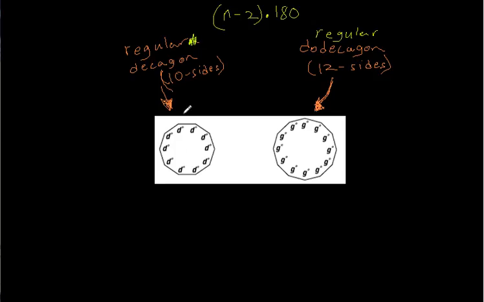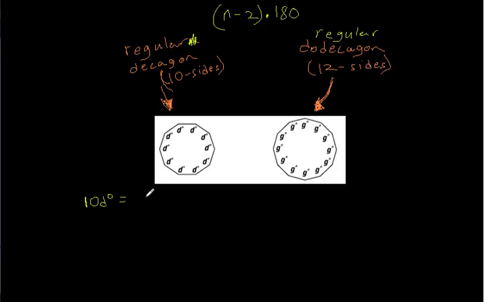Looking at the decagon, since I have 10 sides and equal angle measures, I've got 10d degrees, and that's where I'm going to throw my formula in.